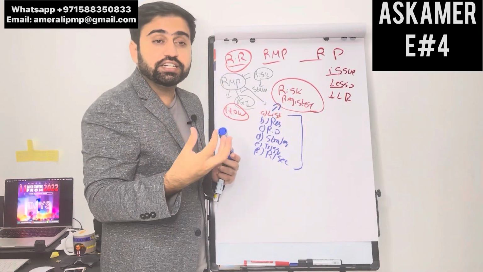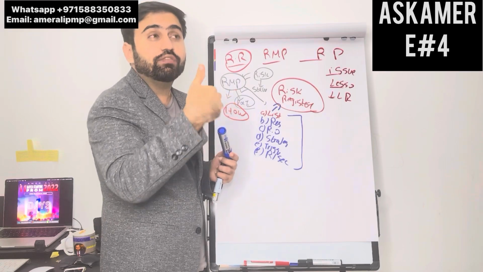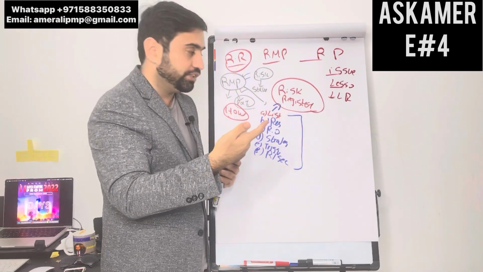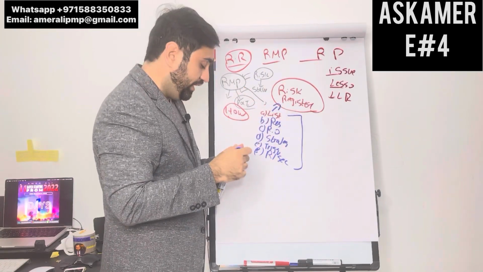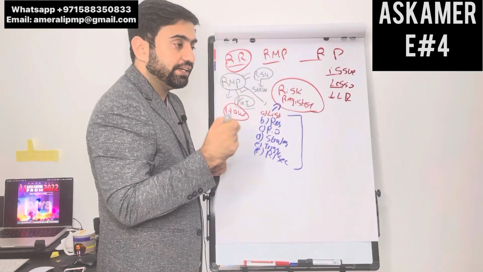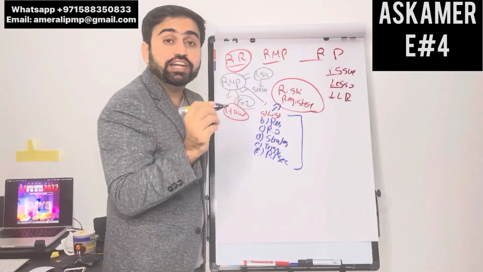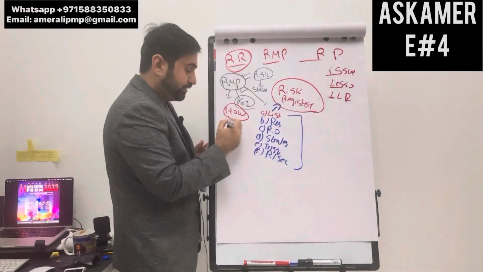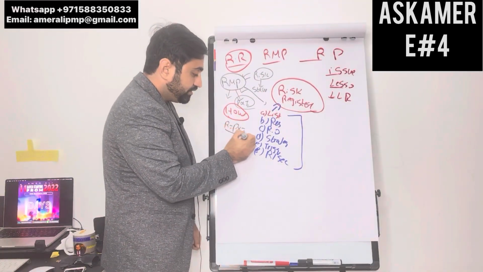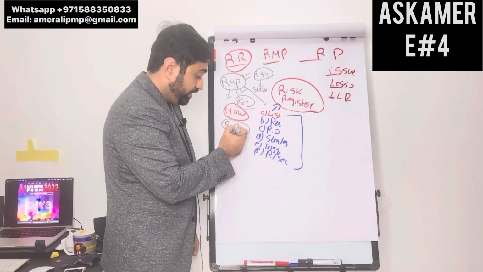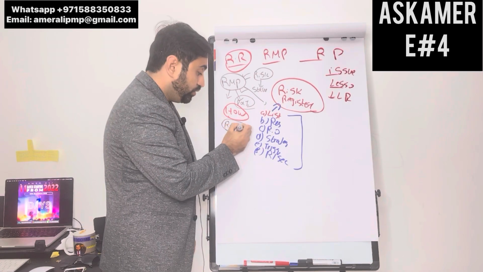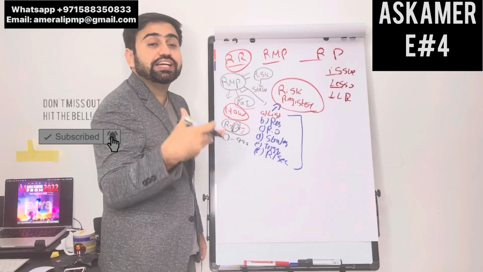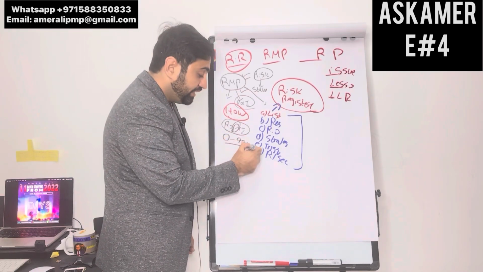But if as a result of that risk you have to change the baselines, or change other plans, then you need a change request. Another thing I want to highlight here, a very important thing, is anything that you identified before occurring. Risk is probability into impact. Anything whose probability is 0 to 99.99 percent means this has not happened yet, and is considered a risk.